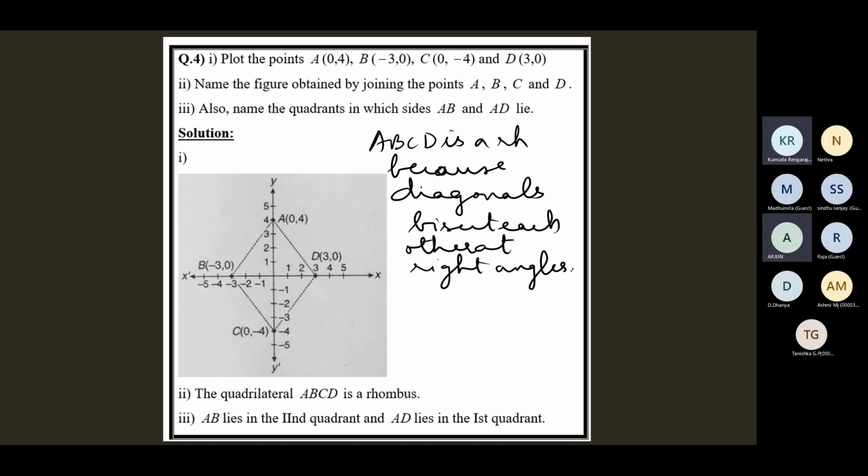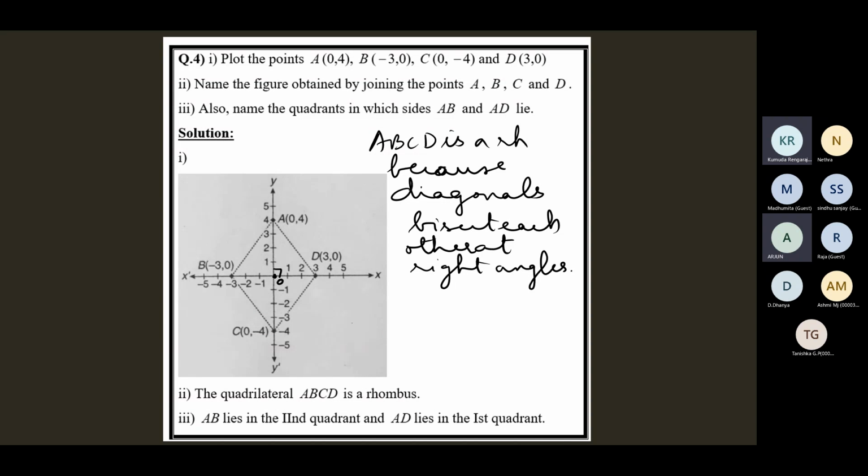So how do we know that they bisect each other? This is the midpoint, no? OD is equal to OB, 3 units. OA is equal to OC, 4 units. So they're equal. O is the midpoint of BD and AC. That means they bisect each other. And at right angles because the x-axis and y-axis are perpendicular to each other.